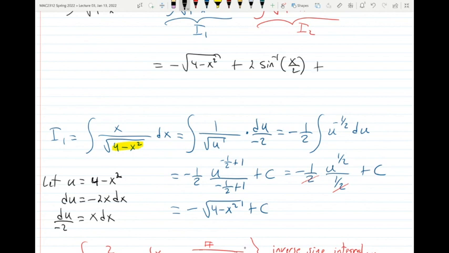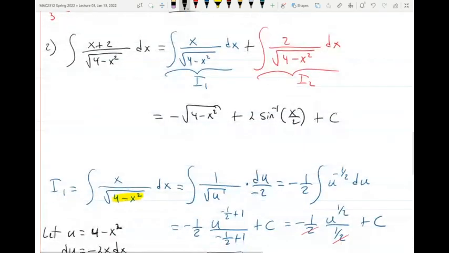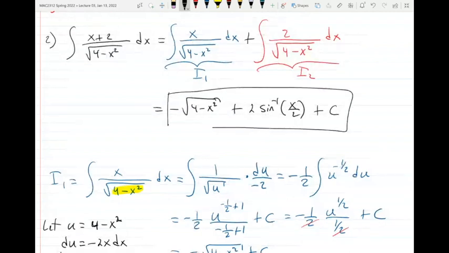Just put them together and call it c again. Or you could call this one c1, that one c2, and then c1 plus c2, but it doesn't matter. All right. Questions?